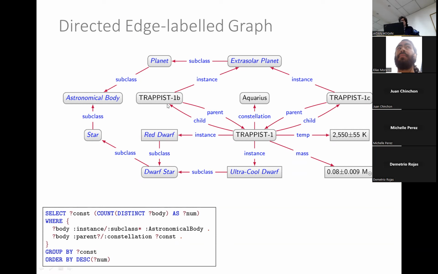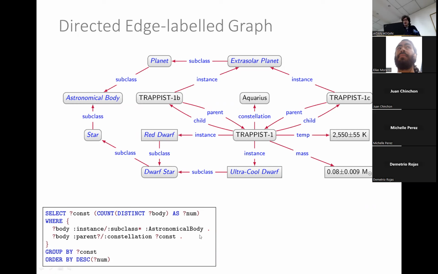What we have are instances of subclasses of astronomical body. So in a relational database, we could, for example, join this with this to find an instance that is two subclasses away from astronomical body. Or in this case, we have an instance with 3, but in general, we can't easily query over arbitrary length paths.